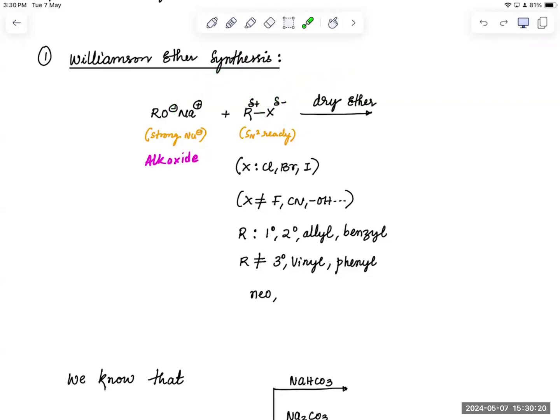If it has to go via SN2, then this R cannot be too bulky. It should be maximum 1 degree, methyl, 2 degree, allyl or benzyl. It should not be 3 degree, vinyl, phenyl or neopentyl group like that. If that is the case, then the SN2 reaction cannot happen.